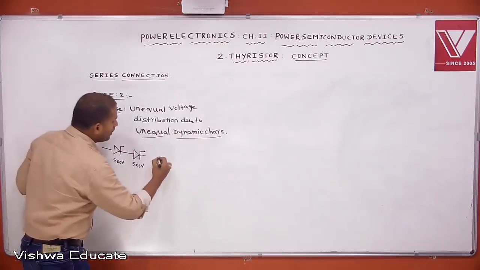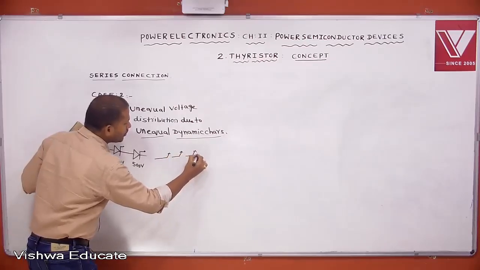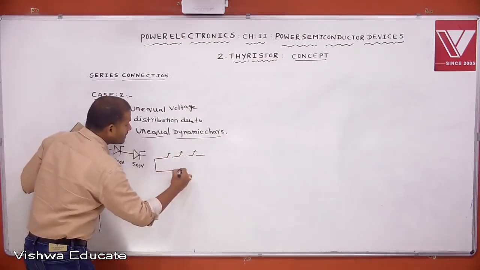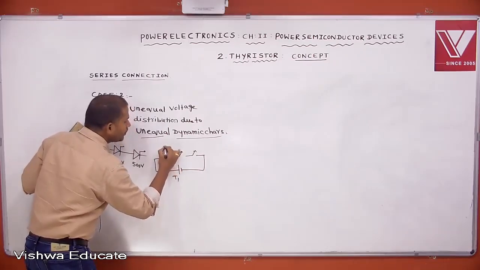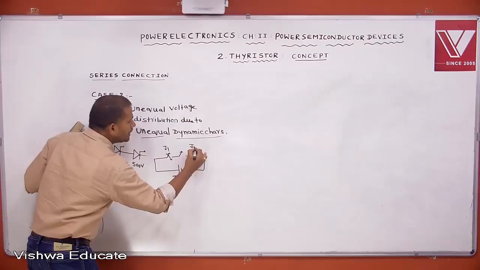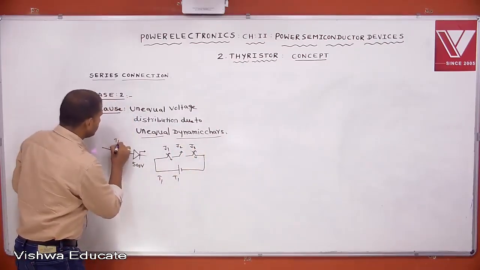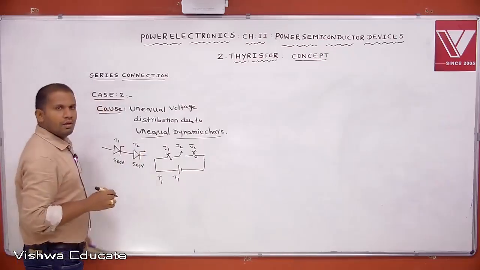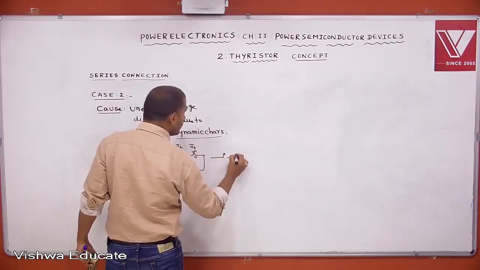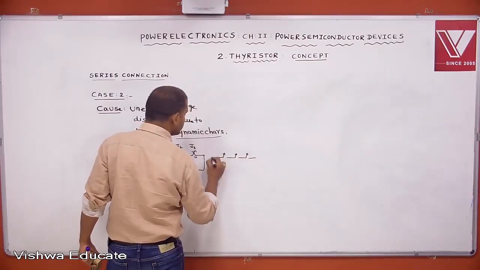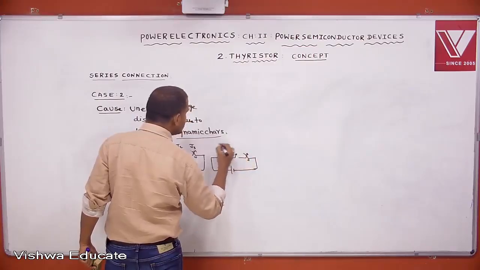For example, let one SCR, T1, be under forward blocking mode. J1 is closed, J3 is closed, J2 is open. Let us consider another one, the T2 SCR. J1 is closed, J3 is closed, J2 is open.